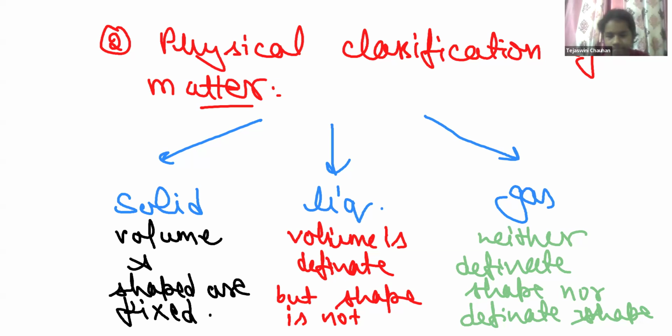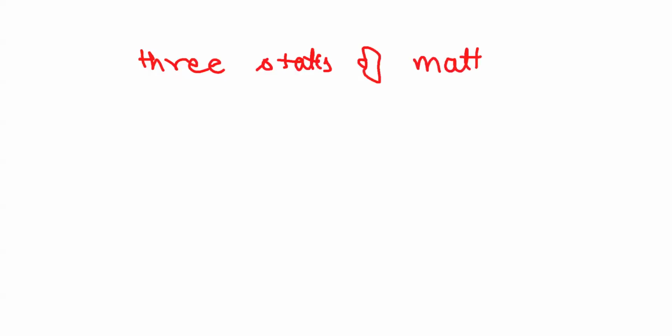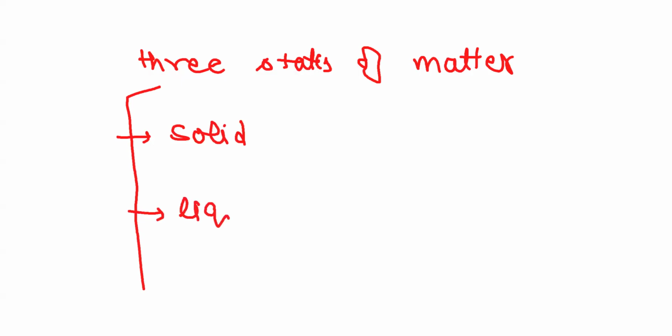Okay. So, Tejaswini, what we concluded is that we can have three states of matter on a physical basis: solid, liquid, and gas.